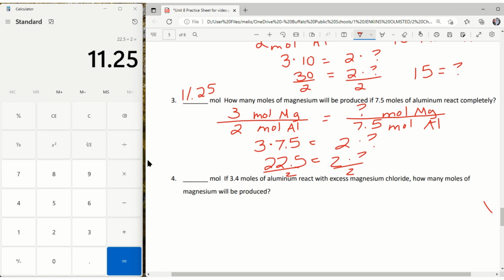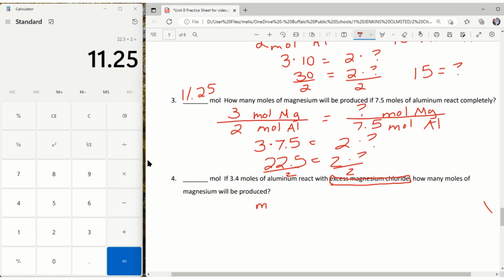If 3.4 moles of aluminum react with excess magnesium chloride, how many moles of magnesium will be produced? So I just have to be careful here. When it says excess magnesium chloride, that means kind of like ignore it because there's extra of it. I don't have to worry about it. So the two things that I'm going to compare are the one that has the number and the one that says how many.